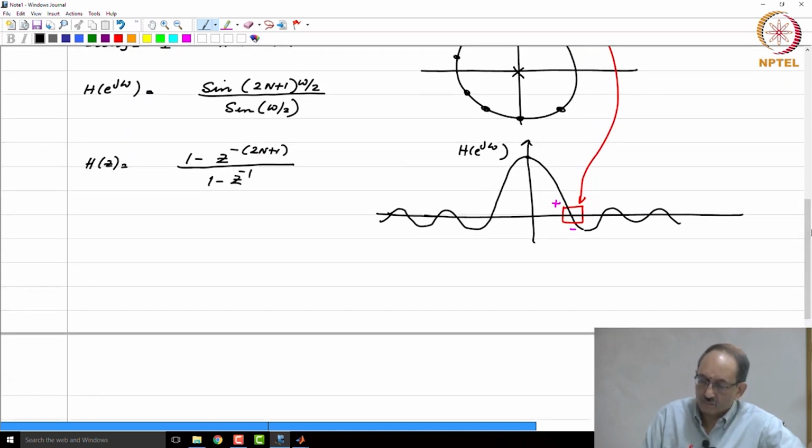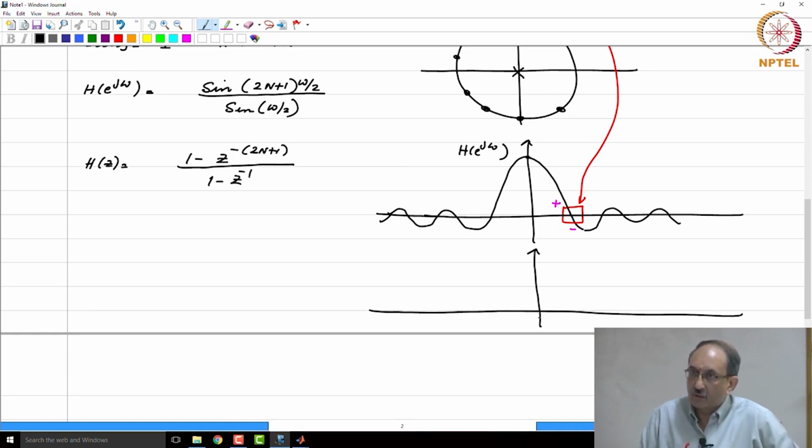The same frequency response can also be plotted in a slightly different manner. In this case, because this was real valued, you can plot it like this, but you can also plot it in the usual sense. What we have been used to is plotting magnitude response and phase response.